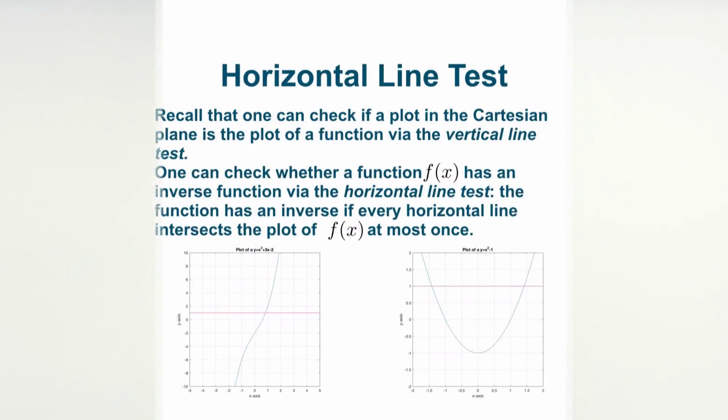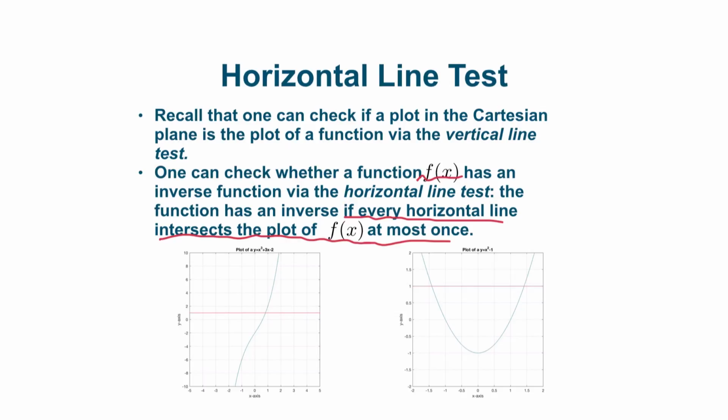Well, just like how we had a vertical line test for testing whether you had a function or not, we have what's called a horizontal line test for determining whether or not your function has an inverse. So what we do is we take the plot of the function f of x and we draw horizontal lines. So the function has an inverse if every horizontal line intersects the plot at most one place.